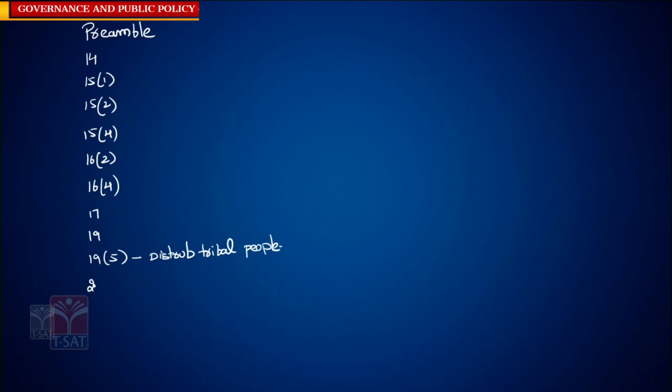Then we have Article 21, Article 23, Article 24, and Article 46. Then we have specific articles 338, 338A, 335, you remember, and we have Article 366 clause 24 linked to Article 341, and Article 366 clause 25 linked to Article 342.